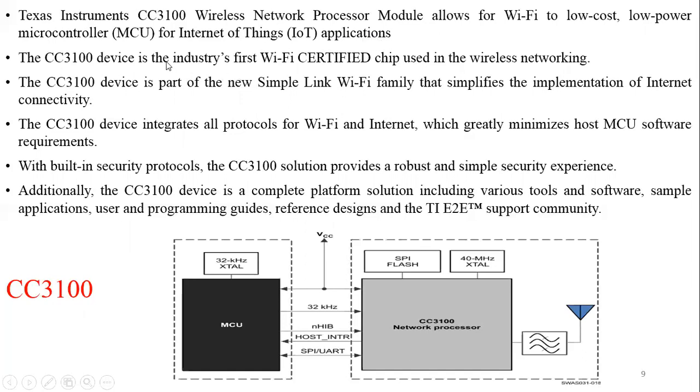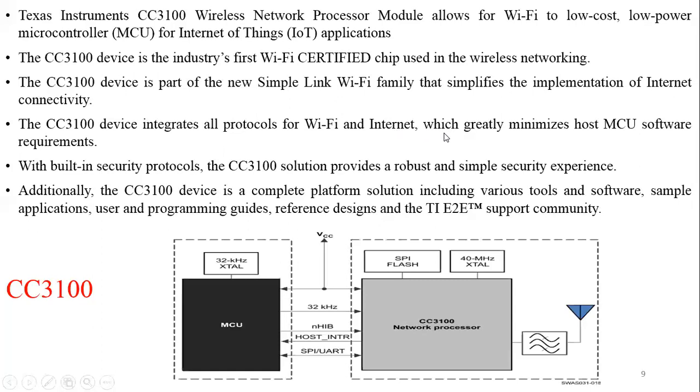Okay, this CC3100 is the first Wi-Fi certified chip used for wireless networking. This device is simple to implement for internet connectivity, and this CC3100 integrates, that means this IC consists of all the software regarding Wi-Fi and the Internet of Things.